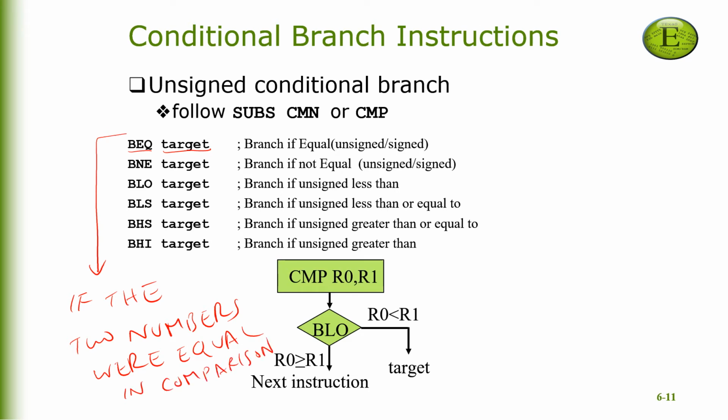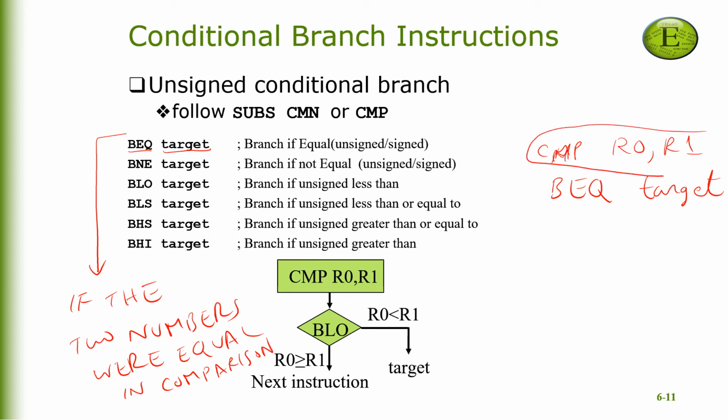There will be an instruction like CMP, let's say two registers R0, R1, and then we say BEQ target. The syntax of the CMP instruction will be described later. This is going to affect the code bits N, Z, C, and V. So based upon their values, the BEQ instruction will be executed. In this case, we are testing the equality, signed or unsigned. So basically, we are looking for the Z flag.